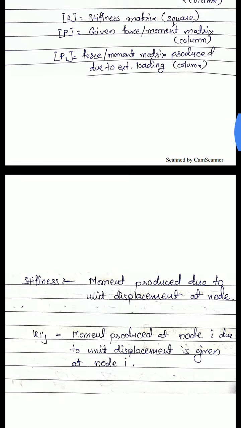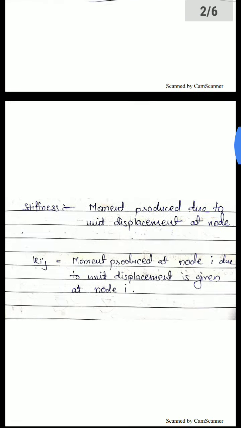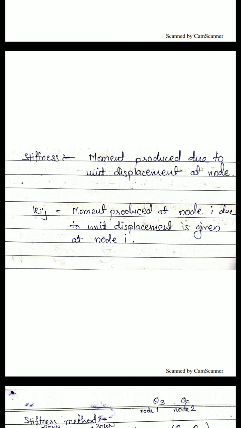If the K matrix is concerned, there will be an element, say Kij, of your K matrix. Now what is I and what is J? Kij is nothing but the moment produced at node I. The first index I denotes where the moment is produced.